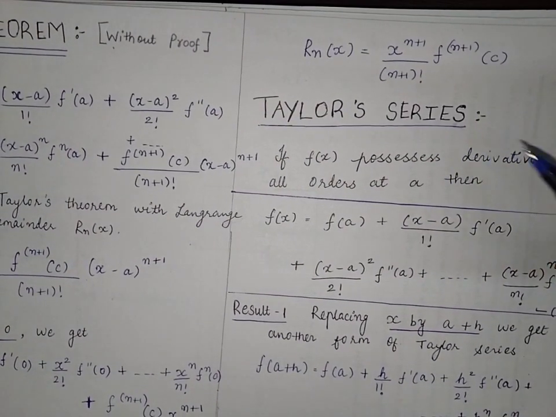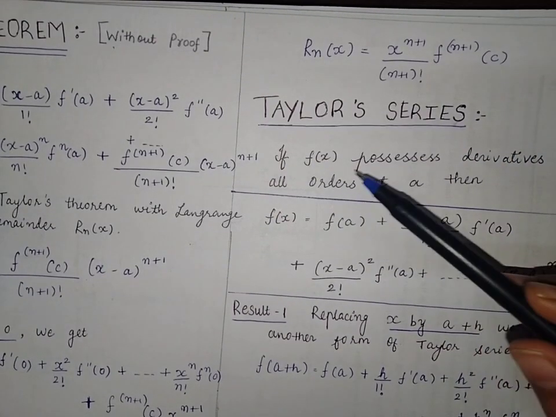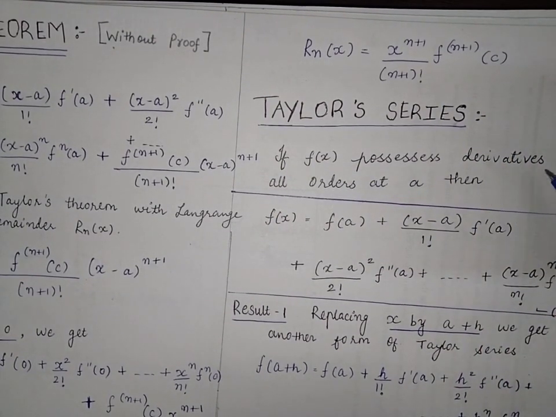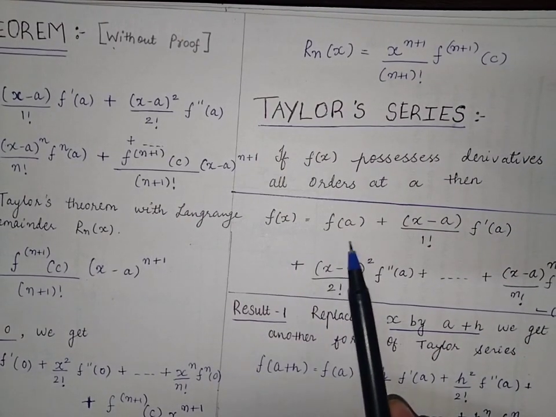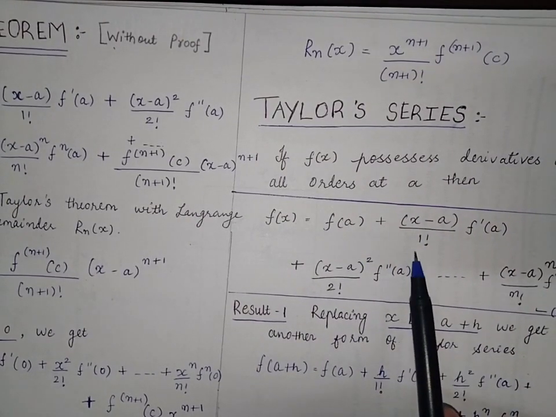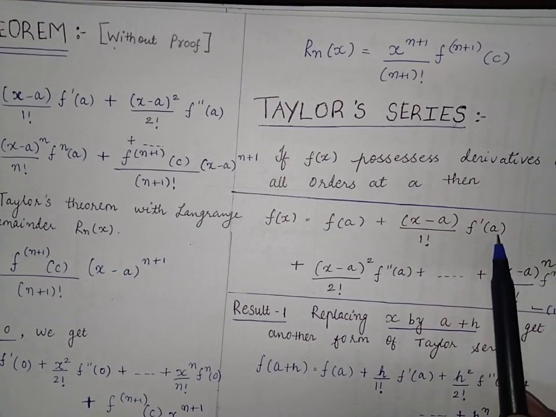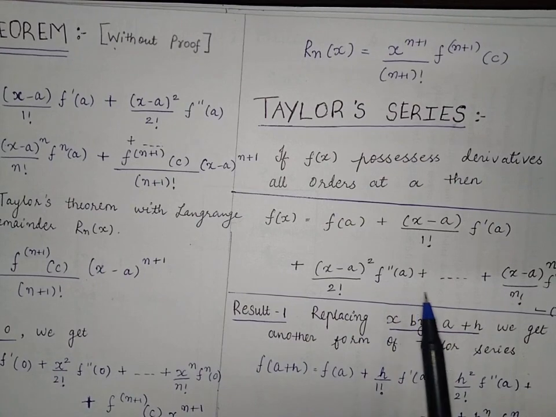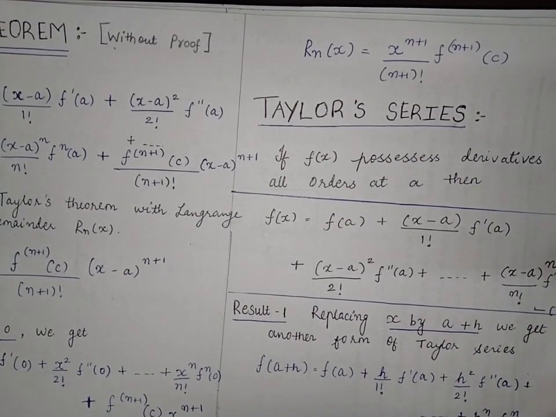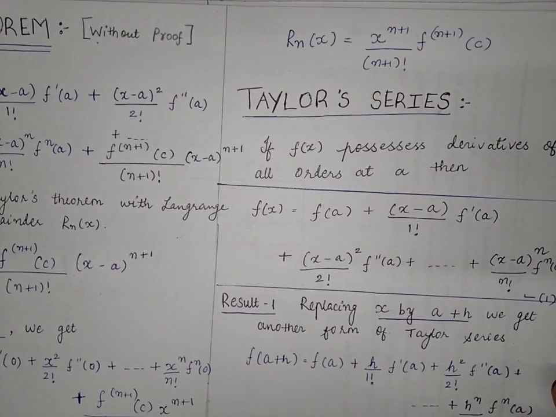Now what is the Taylor series? If f of x possesses derivatives of all orders at a, then we have f of x equal to f of a plus (x minus a) by 1 factorial into f dash a, (x minus a) whole square by 2 factorial and f double dash a, and so on. But here we don't have to write the remainder term, okay.